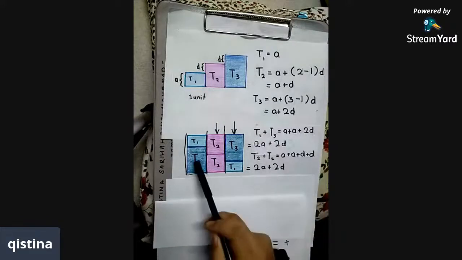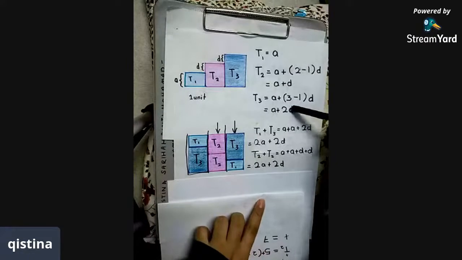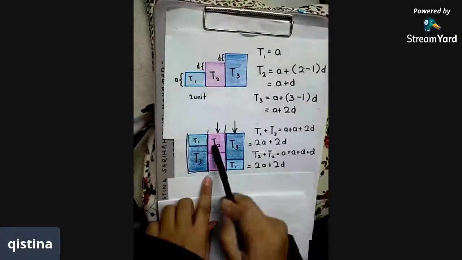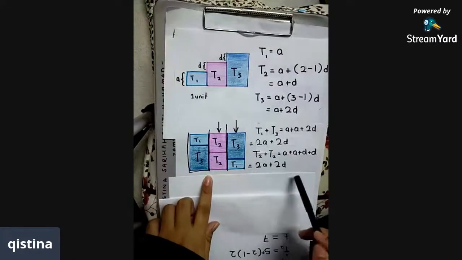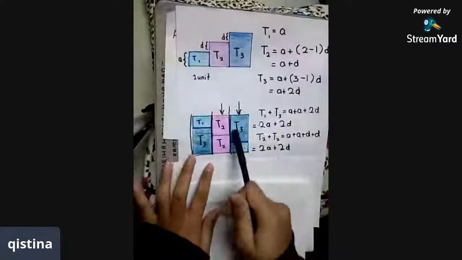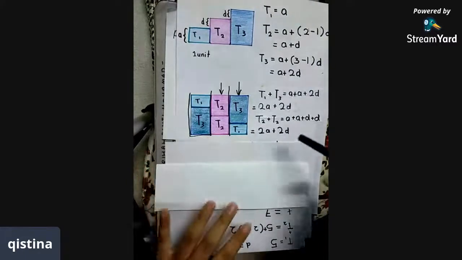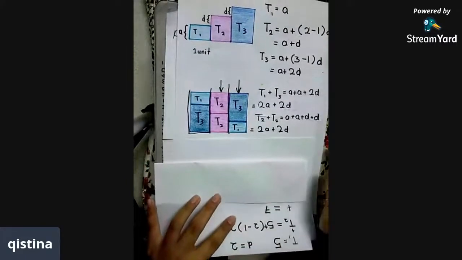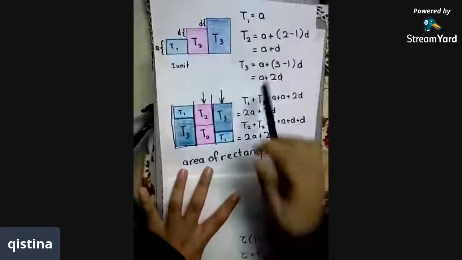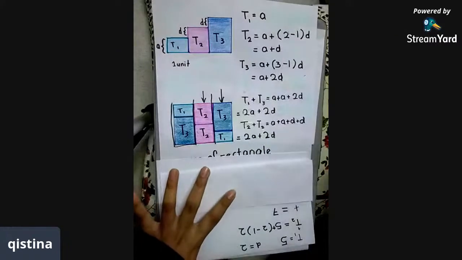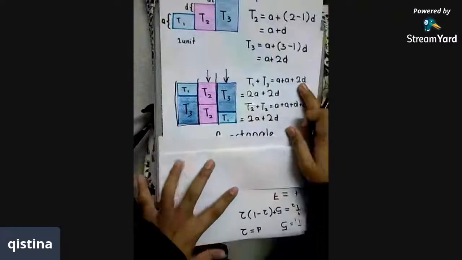Here T1 plus T3 equals A plus A plus 2D equals 2A plus 2D. While T2 plus T2 equals A plus D plus A plus D equals 2A plus 2D. This one is the same as this one, so it is concretely proven that all of them have the same size. To be exact, the same area. This value can also be said as area because anything that is multiplied by 1 equals itself, right?